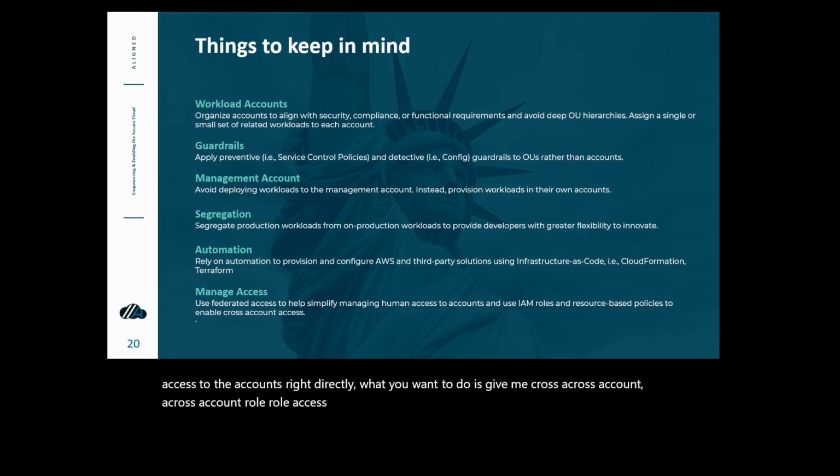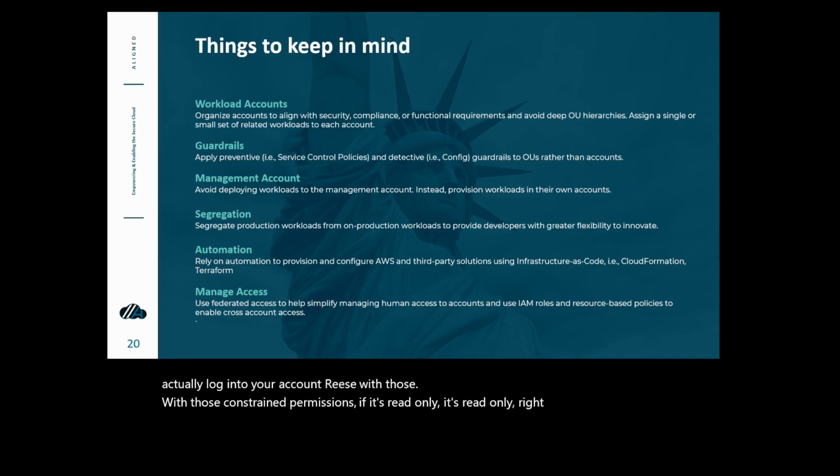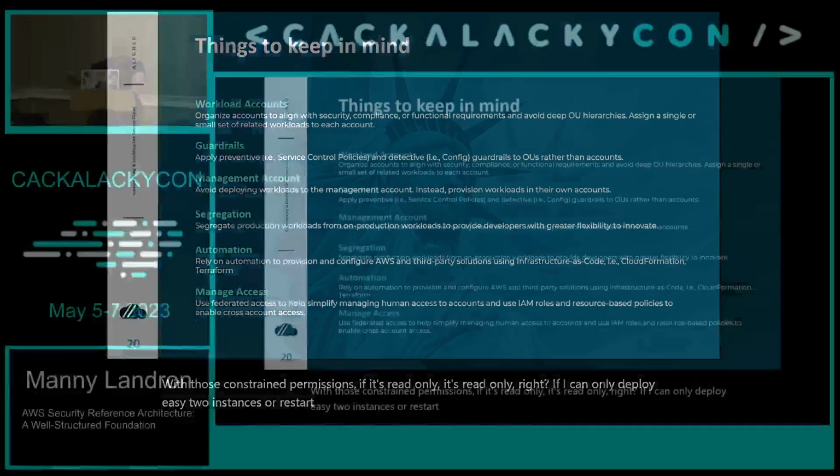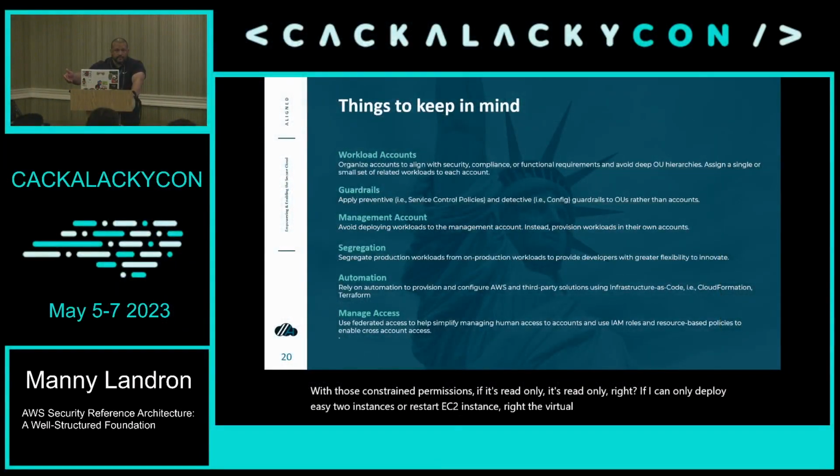Then I log into my account using MFA. From there, I can actually log into your account with those constrained permissions. If it's read-only, it's read-only, right? If I can only deploy EC2 instances or restart an EC2 instance, a virtual machine, then that's all I get. But that's how you handle that.